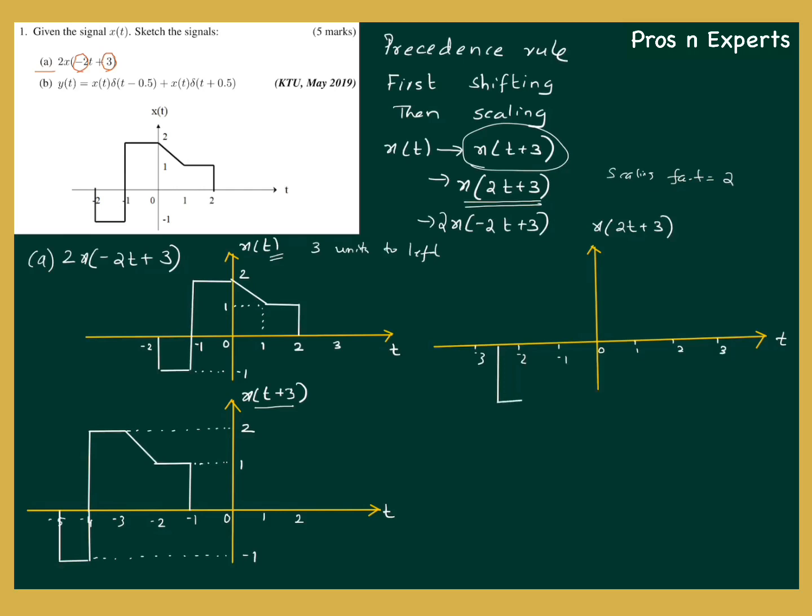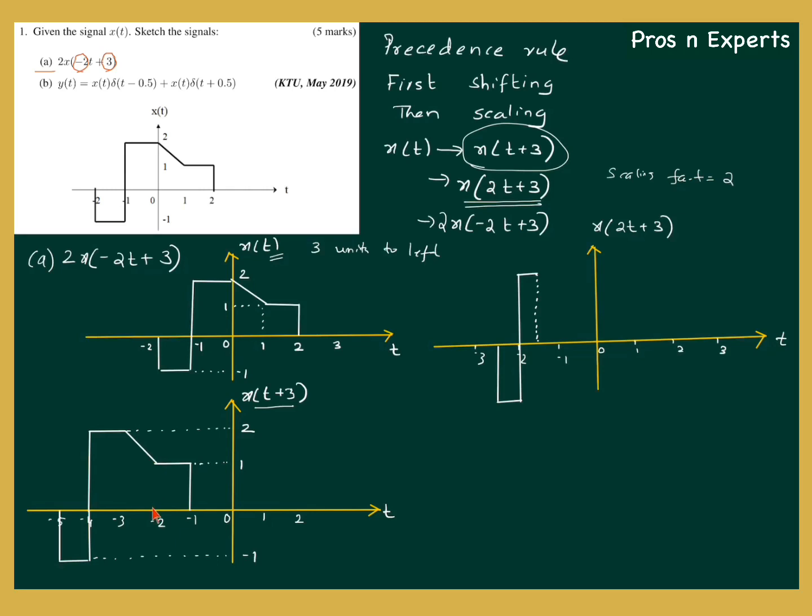So this portion comes like this. Okay, now this break at t equal to -3 will be at -3 by 2, that is -1.5 here. So the signal is like here. This is -1.5. Okay, now what about this portion?